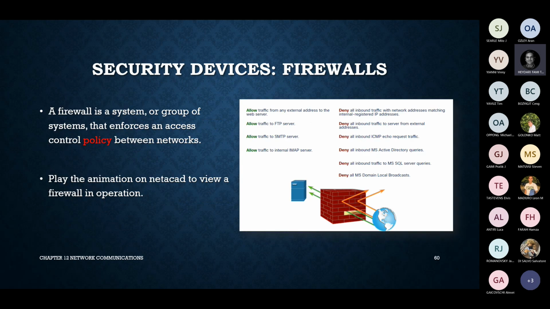So in the table in front of you, can someone tell me what is the section in NetAcad for others? So in the table in front of you, you can see the advantages and disadvantages for firewalls.